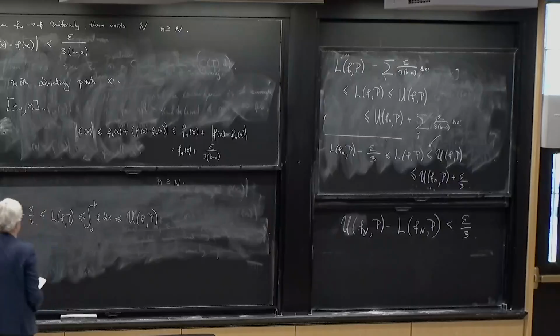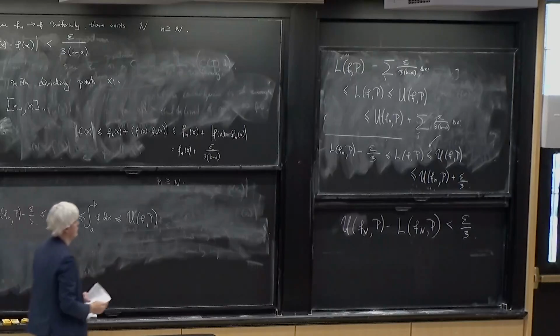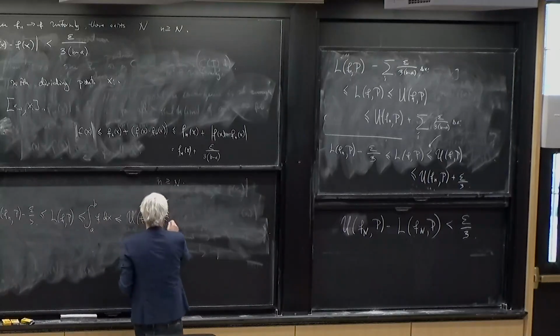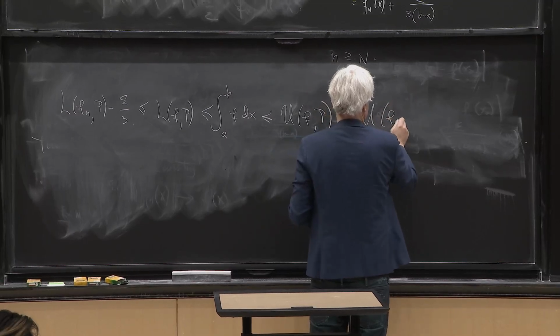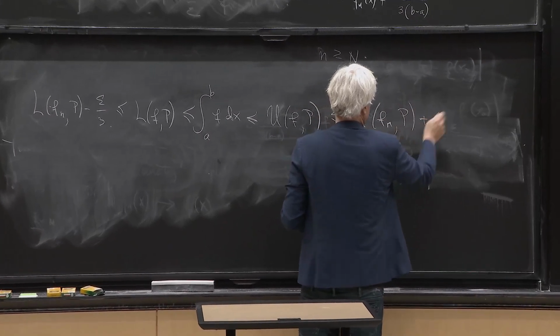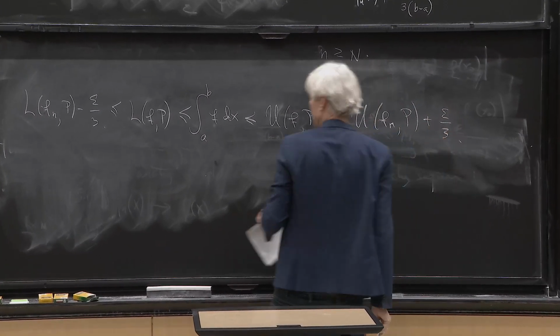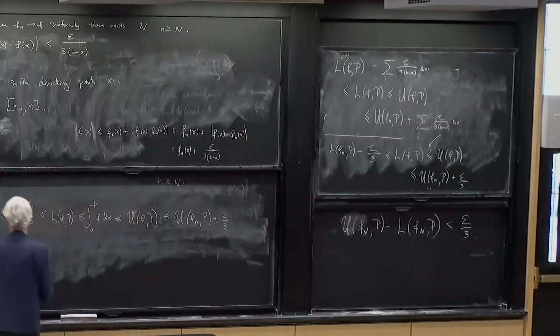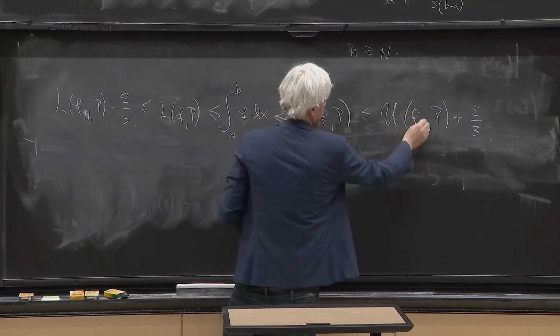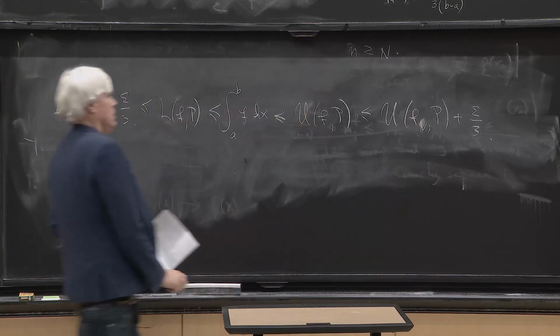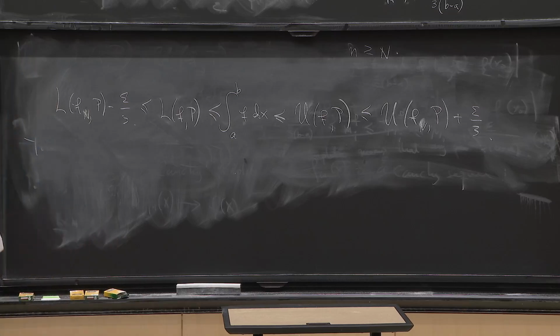And it was bounded from above by U Fn P plus epsilon over 3. So in particular, it holds for capital N.